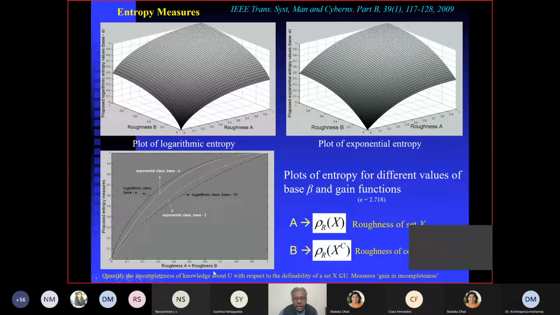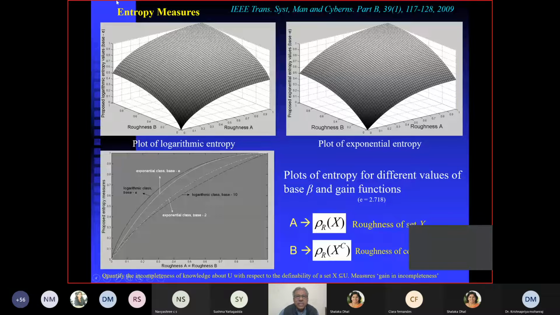And when the roughness values are all 1, you get the maximum value 1. When all are 0, we get 0. And it is symmetric around this axis. So these are plots of entropy for different values of the base function.